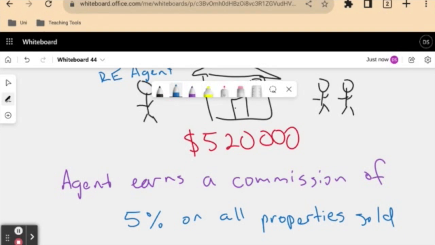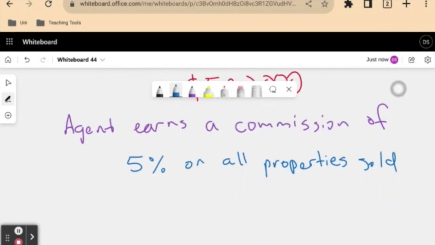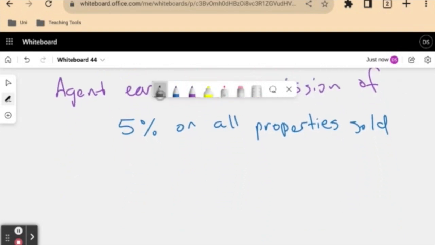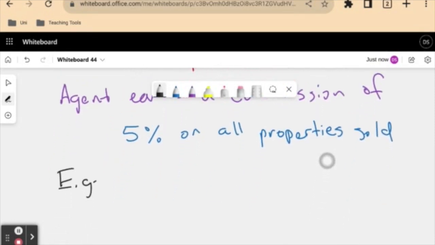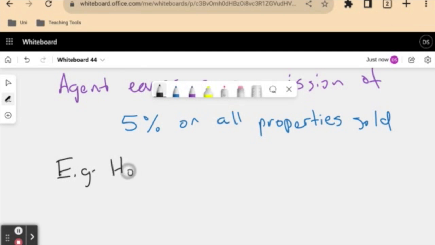So let's figure out, in our first example, if this real estate agent sold this house for $520,000, how much commission did he earn? So how much commission was earned?